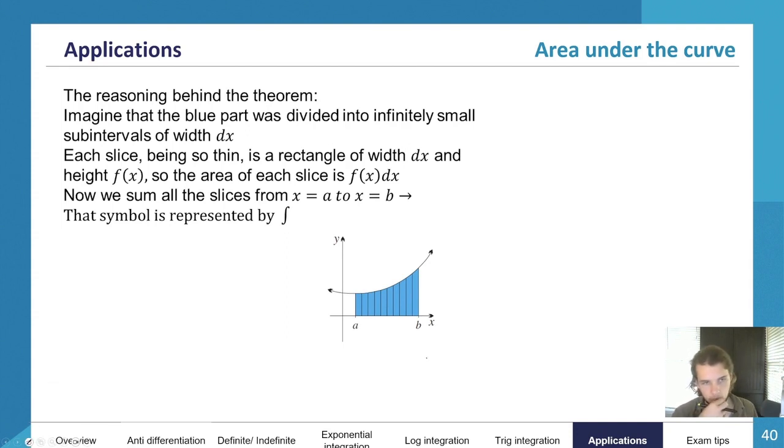Each slice is infinitely thin and is multiplied by the height of the rectangle. If you were able to get the sum of all of those together between a and b, then you would correctly get the area underneath the curve. And that's what integration is actually doing functionally.